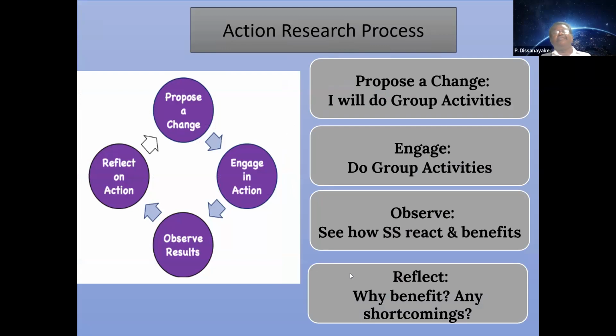Propose a change. What is the change? I will do group activities hereafter. Until yesterday, I did only the traditional class. I was talking, the students were listening. Tomorrow, my change: I will do group activities. Engage.